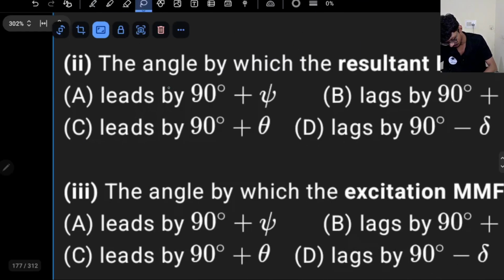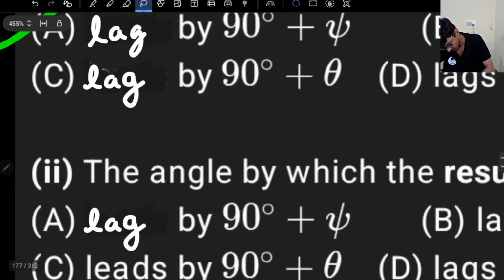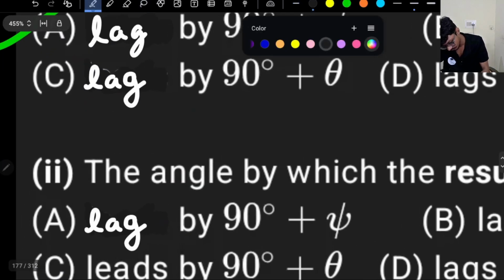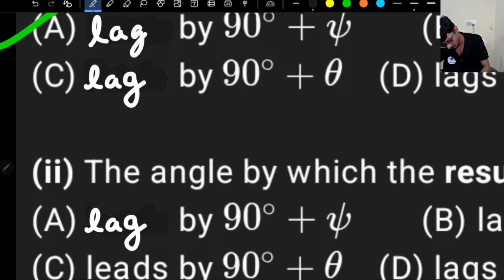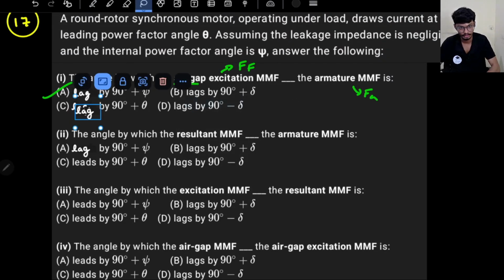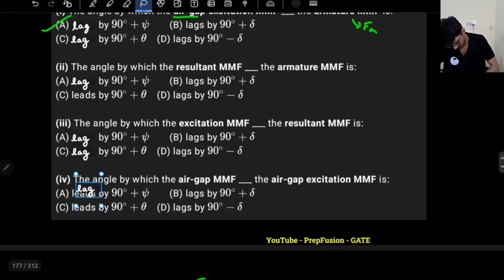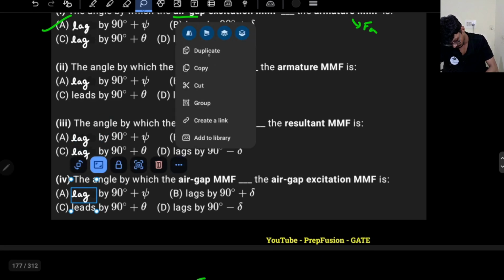Okay, hold on one second. Everything will be lag actually here. This also will be lag. This also will be lag.